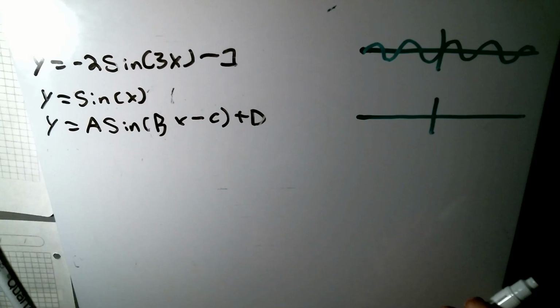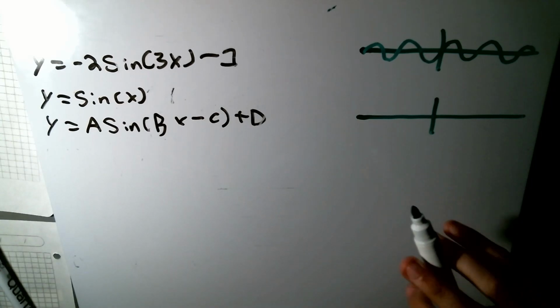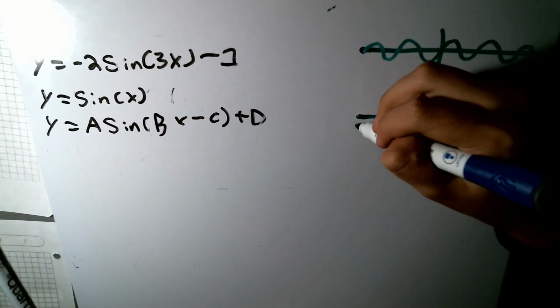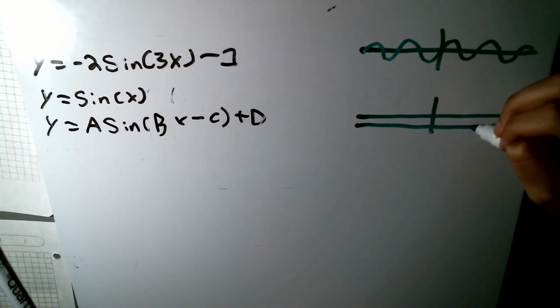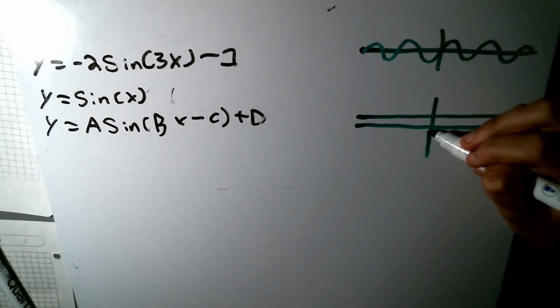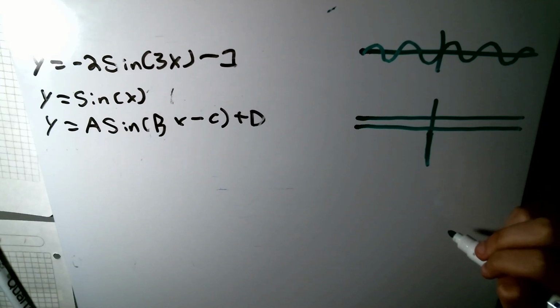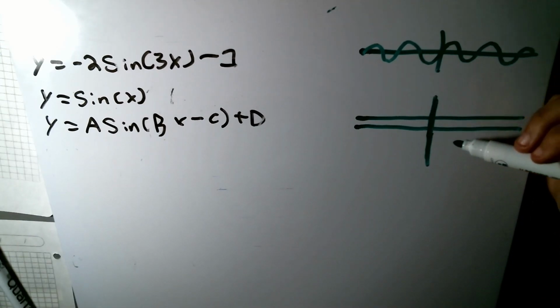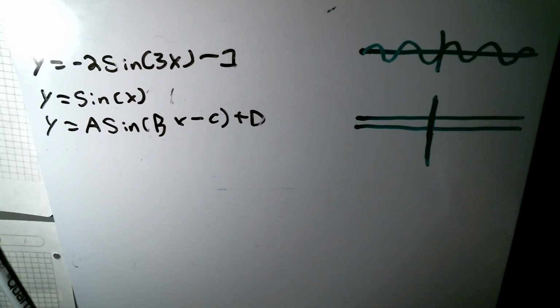And the last thing is the minus 1. Because we do not have a C, there's no change in the x-axis, but there is in the y-axis, and that's the change of D, which is minus 1, and that means the whole graph will be 1 unit below.